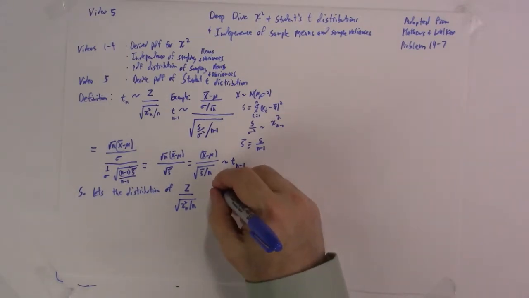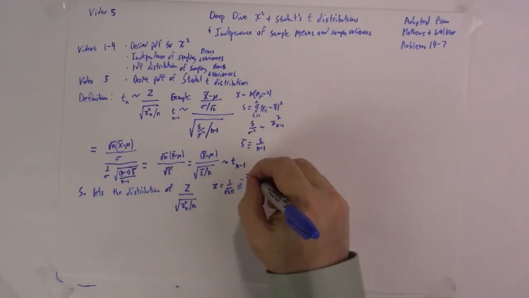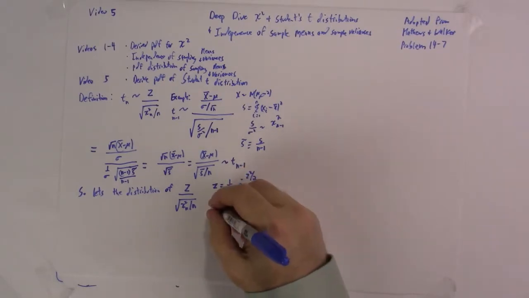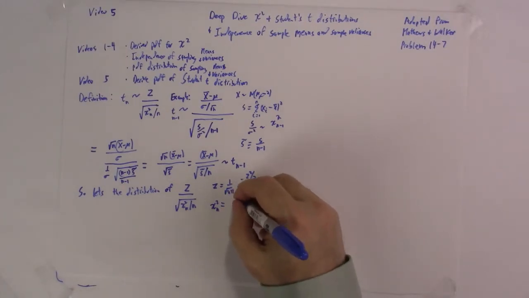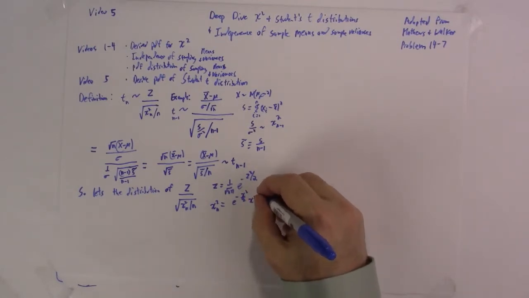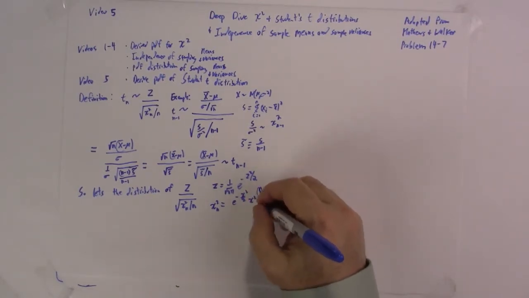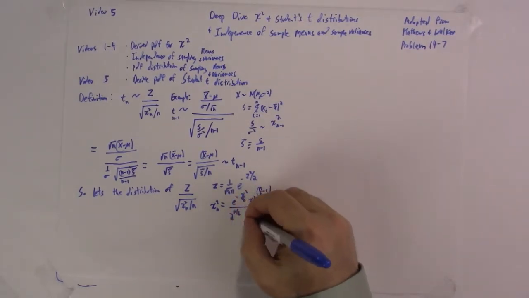And here the distribution of z is, of course, one we all know. And the distribution of chi-squared n, which we did in the first video, is e to the minus chi-squared over 2, times chi-squared to the n over 2 minus 1, divided by 2 to the n over 2 times gamma of n over 2.